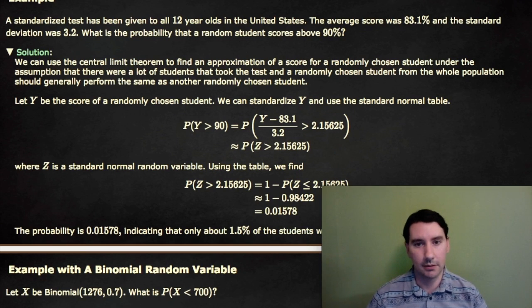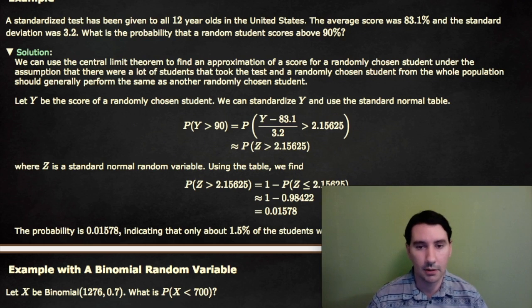The first is that there are a lot of 12-year-olds in the United States, so we can approximate the scores of all the 12-year-olds with a normal distribution. Also, we're going to assume that we're randomly choosing a student among all students, so they could be a strong student or a weak student. It's equally likely to get any student. And finally, we're assuming that the performance of the students is somewhat independent of one another.